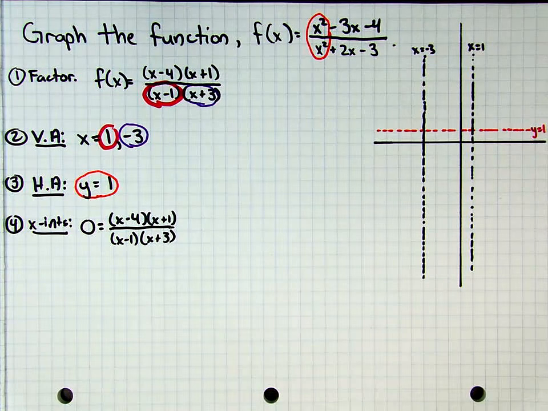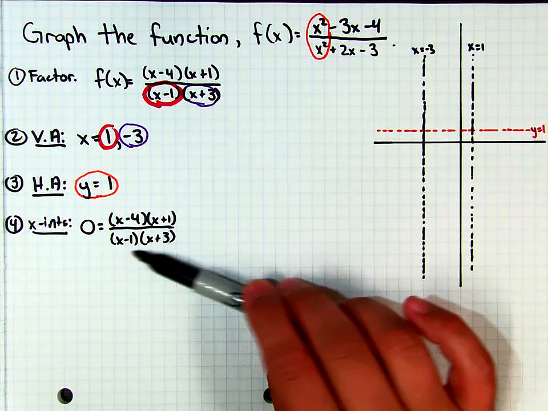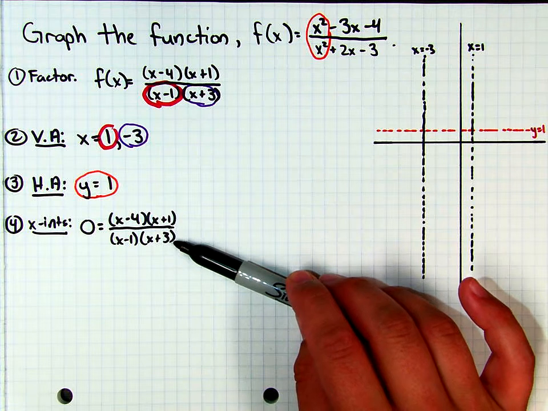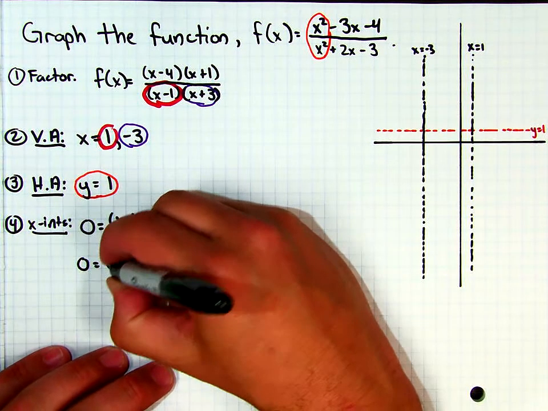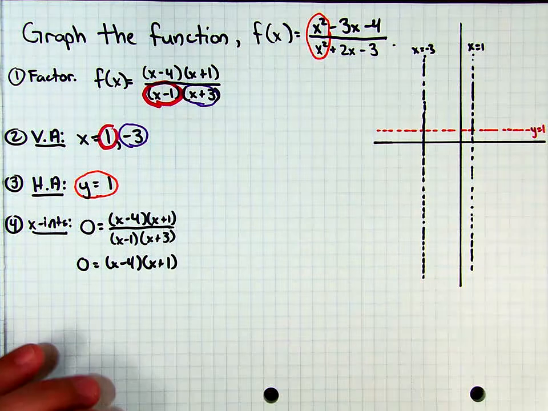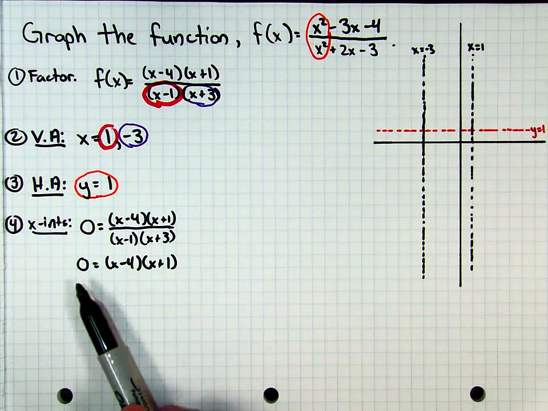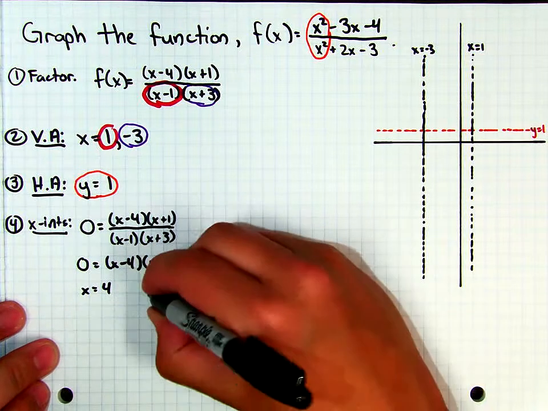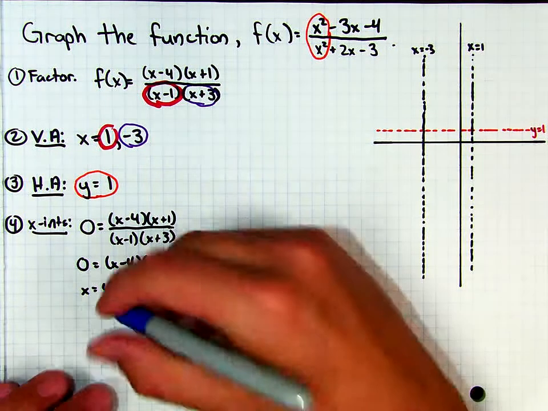To solve this I need to get rid of the denominator, so I multiply both sides by this whole big long denominator. 0 times that whole denominator gives me 0, so I'm really just left with the numerator. Writing just the numerator equals 0 is like solving a quadratic. I'm going to have roots of x equals 4 and x equals negative 1. Those are my x-intercepts.